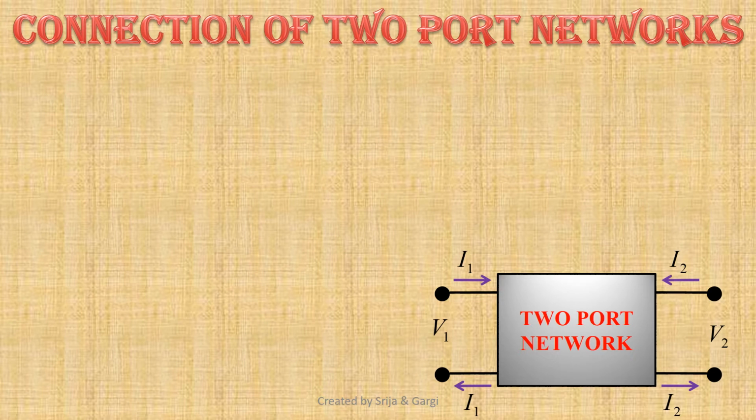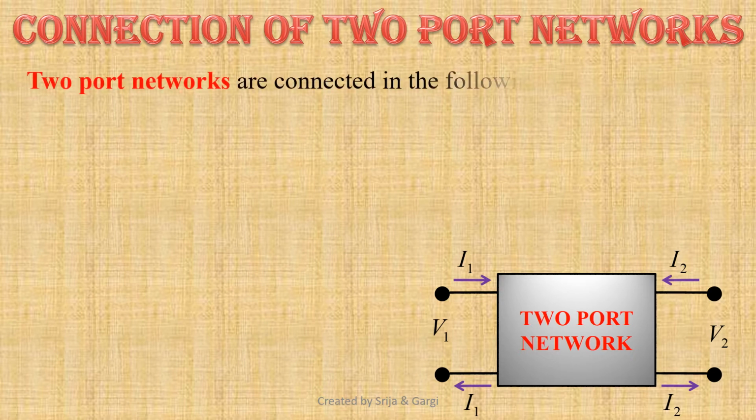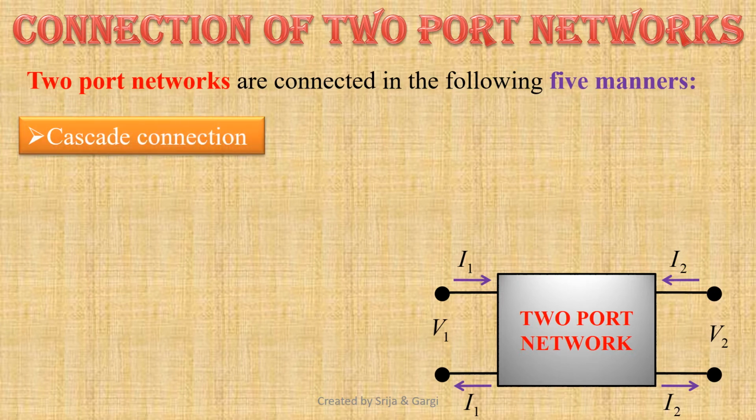Two-port networks can be interconnected in various ways. When we connect the output port of one two-port network to the input port of another two-port network, we call it cascade connection. It is the simplest method and a very popular one. The overall transmission parameter matrix for cascade connected two-port networks is the matrix product of the transmission matrices of each individual two-port network.